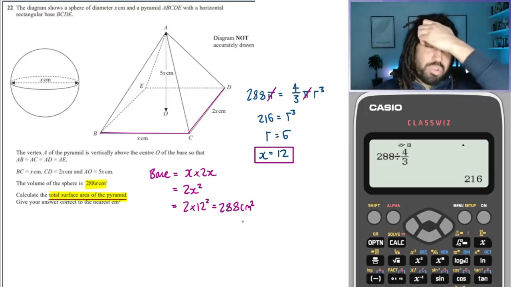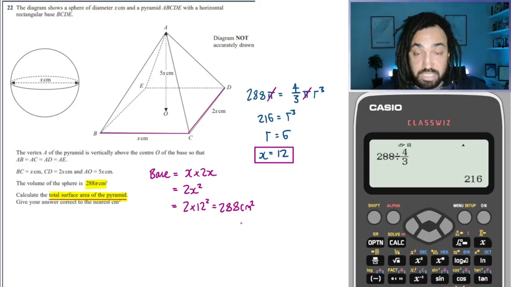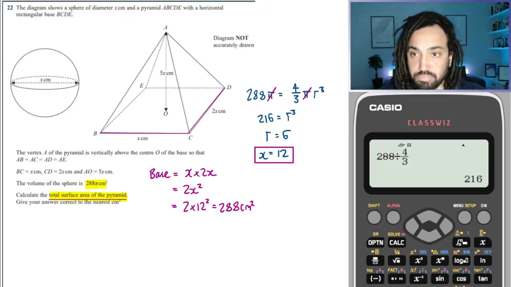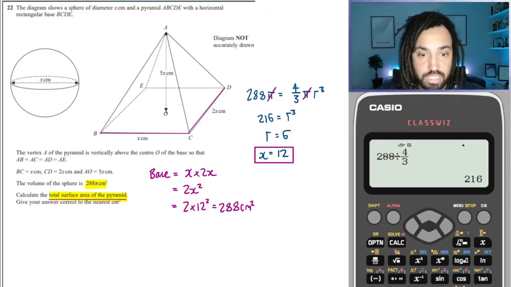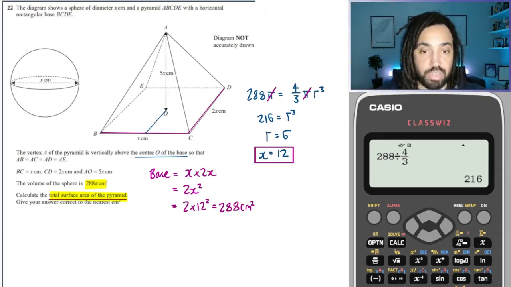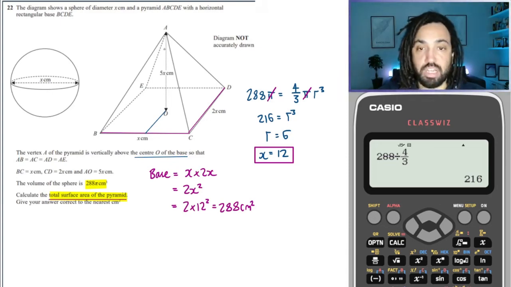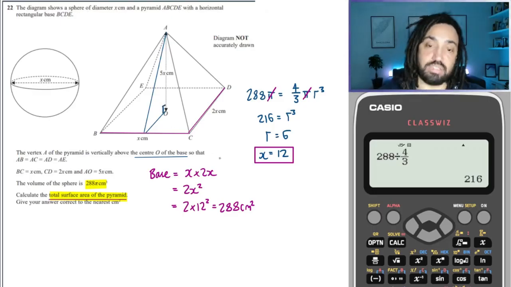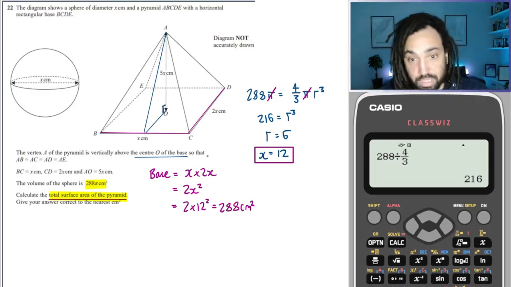Now we've got to do the triangles, which is a bit trickier and is going to involve some 3D Pythagoras. So the O is the center of the base, as it says here. So if I draw a line directly to the midpoint of BC here, and then draw a line from A all the way down to that midpoint, then I've created myself a right angle triangle, because this will be a right angle because it goes directly down and then along the base.